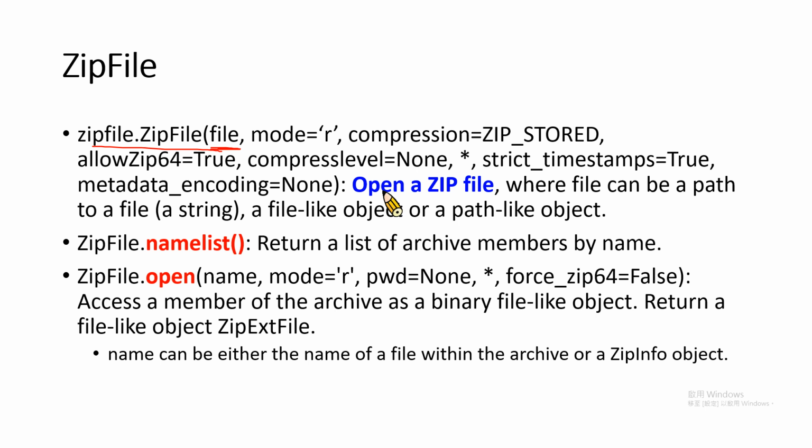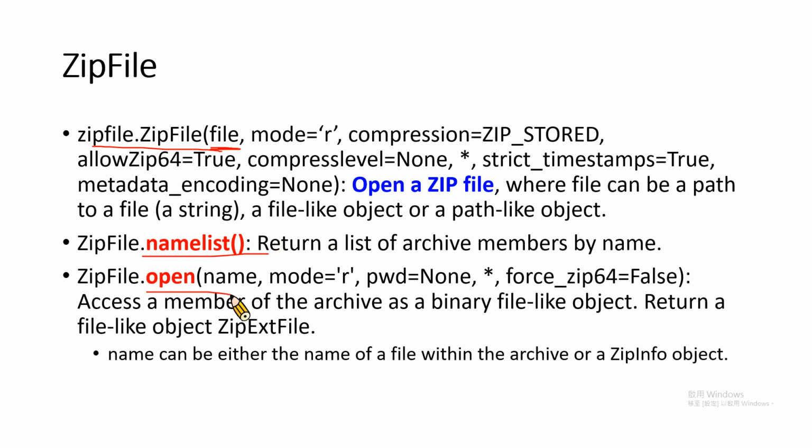It will return a ZipFile object for later use. And this is the namelist method. Because the zip file may contain many CSV files, the namelist function will return the file names of these CSV files.